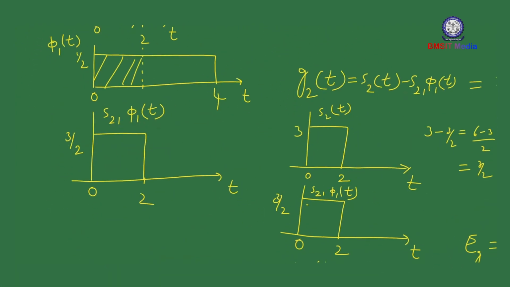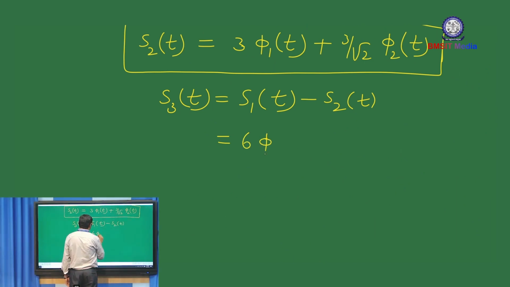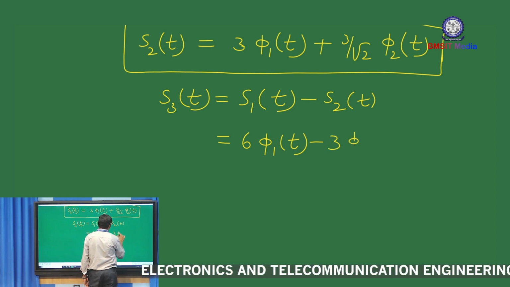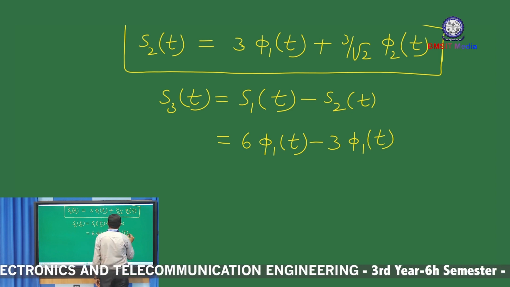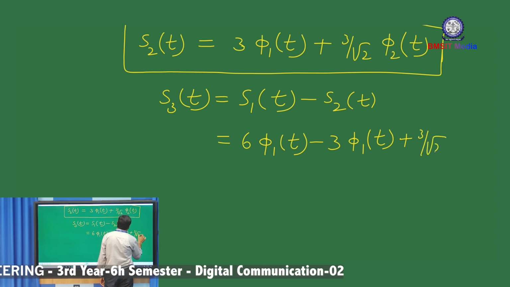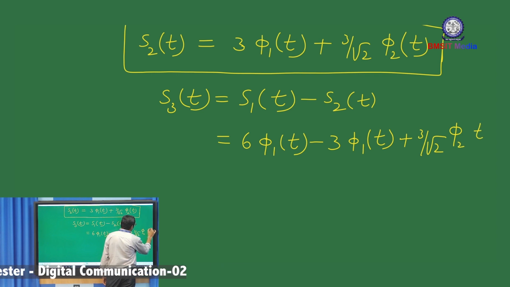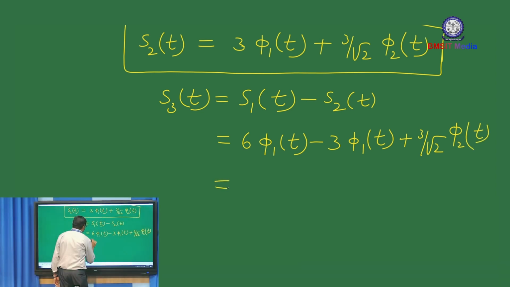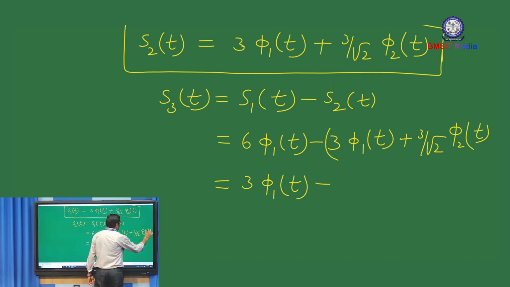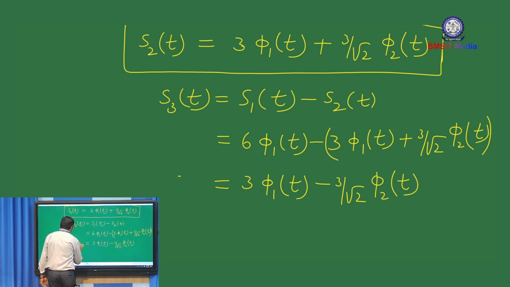So I can write 6 phi 1 of t minus S2 of t, which is 3 phi 1 of t plus 3 by root 2 phi 2 of t. So 6 phi 1 of t minus 3 phi 1 of t is 3 phi 1 of t, and minus 3 by root 2 phi 2 of t. So this is S3 of t.